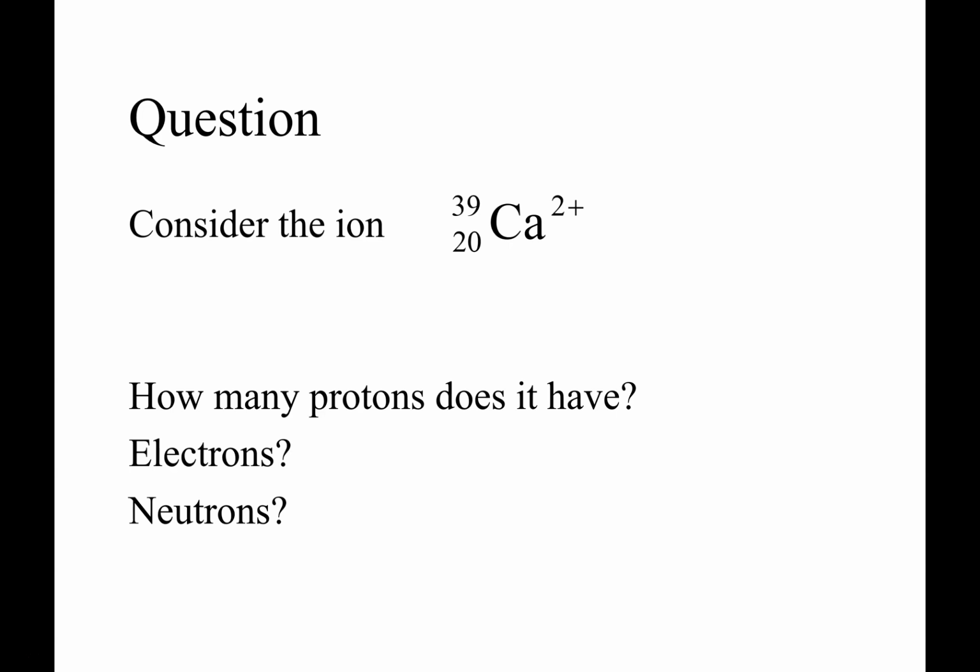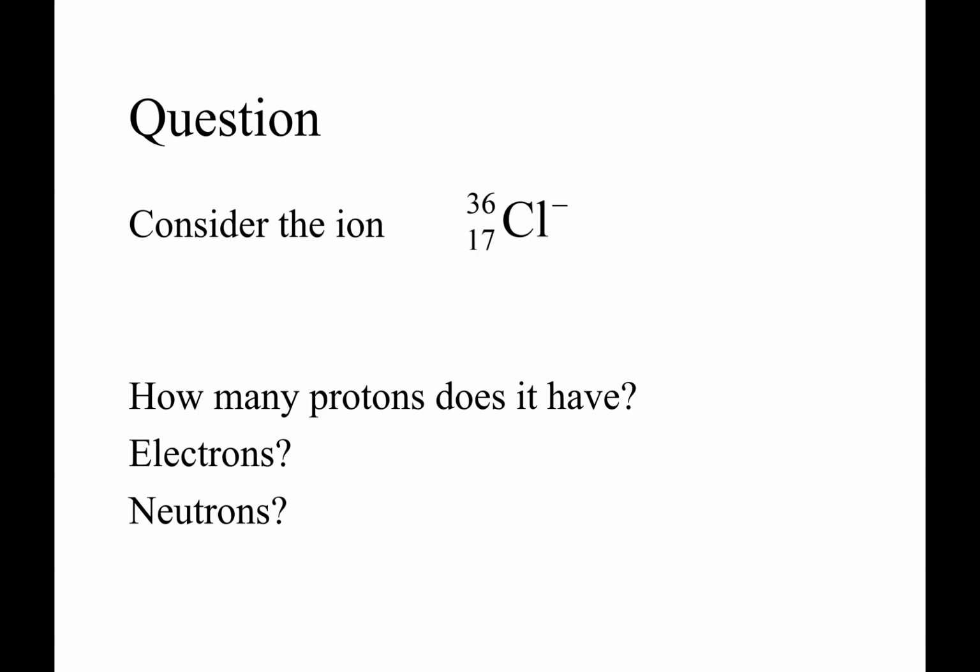So 18, that's perfect. How many neutrons? 19. 19, how'd you get it? You subtract, yeah, from 39 you subtract 20. Very good. You guys got it? Ding, ding, ding. So 20 protons, 18 electrons, and 19 neutrons. Very good. And your homework, I think it's kind of fun, will ask you to do things like that.